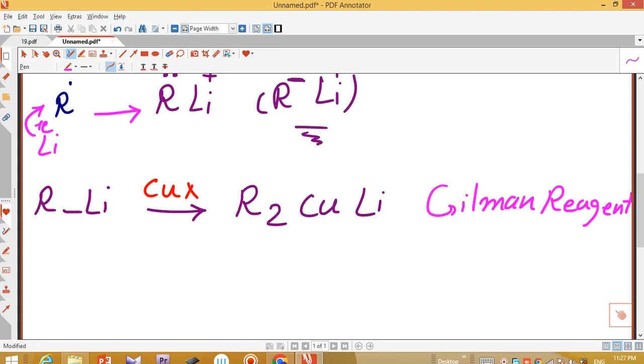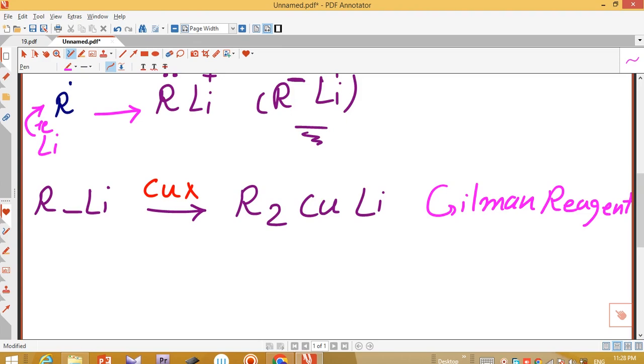Here we have the dimer of R2Cu lithium, the organocopper lithium. So we will have two equivalents of R, or alkyl group. In a solution, we will have a dimer of R2Cu lithium, so a dimer of the Gilman reagent.